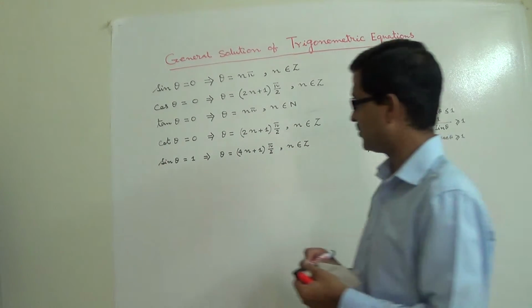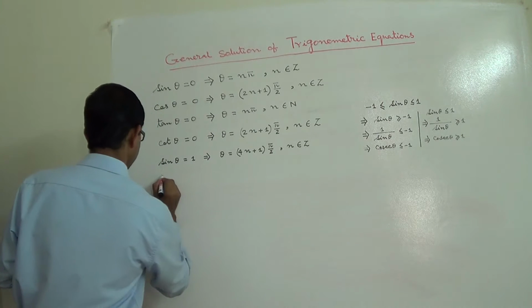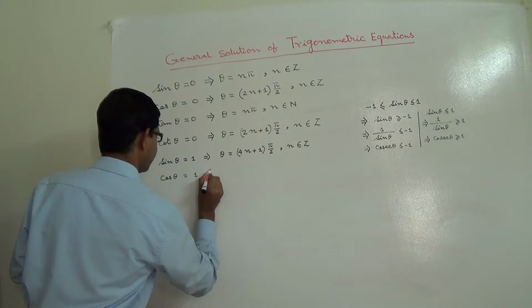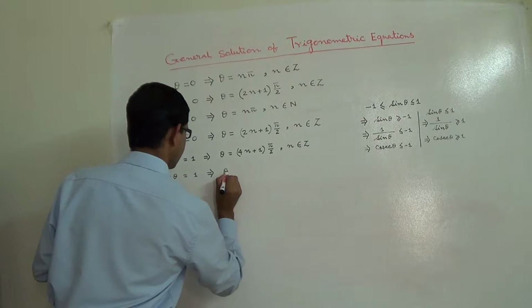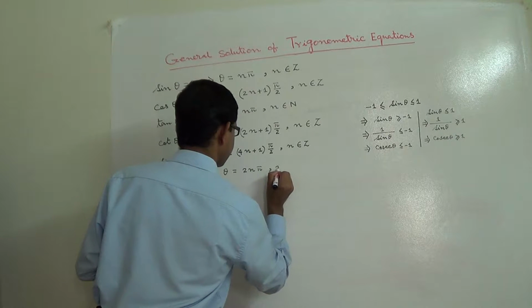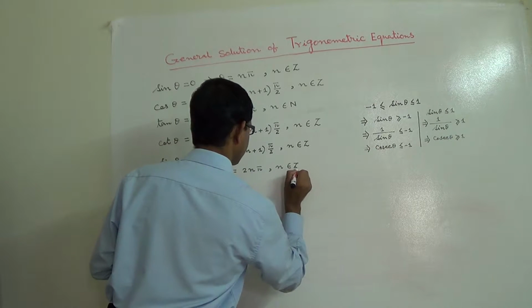And cos theta equal to 1 implies theta equal to 2n pi, where n belongs to Z.